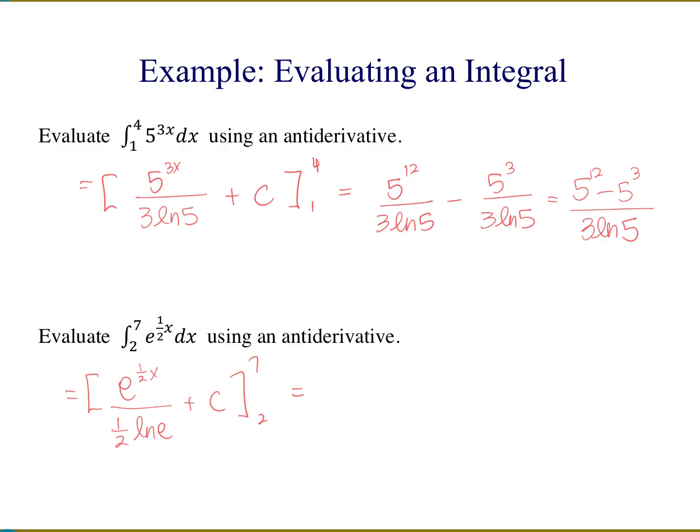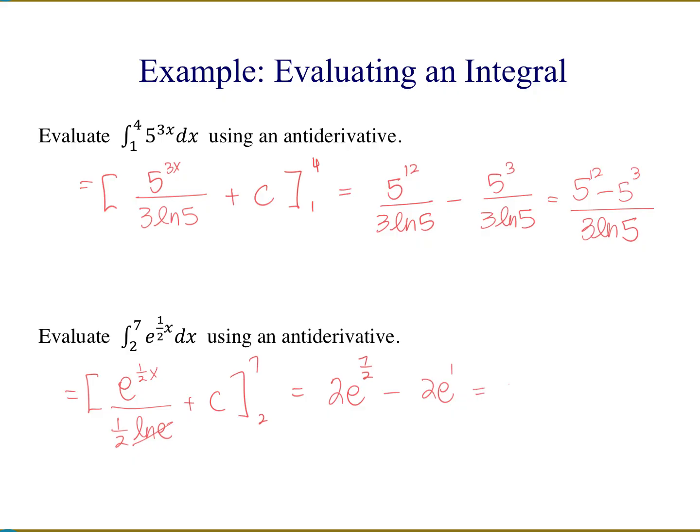Because ln e is 1, and because dividing by a half is the same as multiplying by the reciprocal, it's probably cleaner to write it as 2e rather than e over 1/2. And that would be 2e to the 7/2 minus 2e to the 1st.